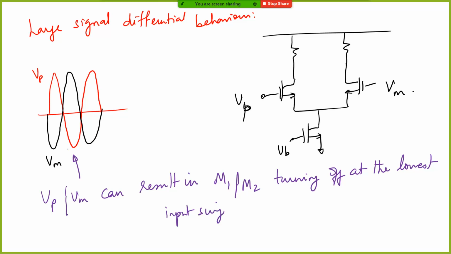Correct? So if this voltage goes to, let's say, some 0.3 or 0.2, something like that, now what will happen? Anyway, the other side will be much larger. Okay. So if you look at this is VP, let's call this some node X then. Okay. So Vx, how will it behave?